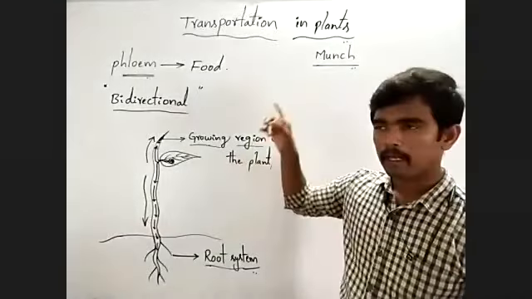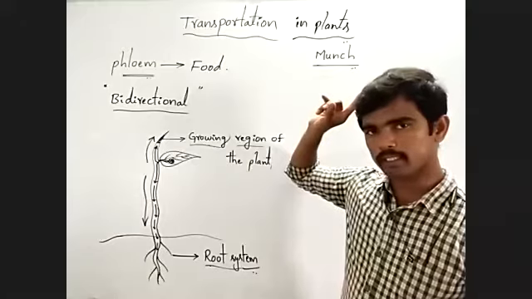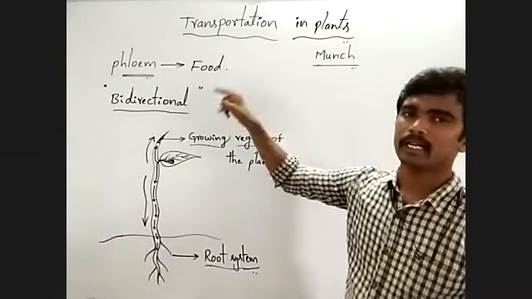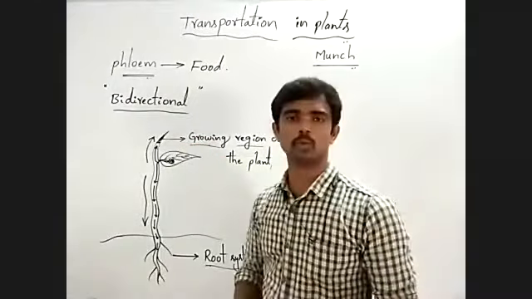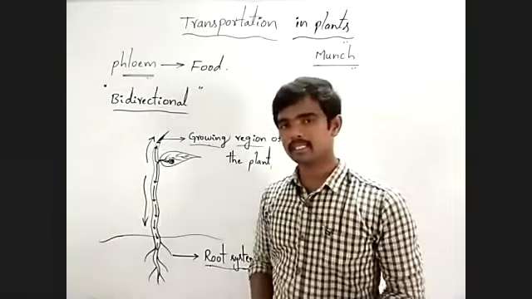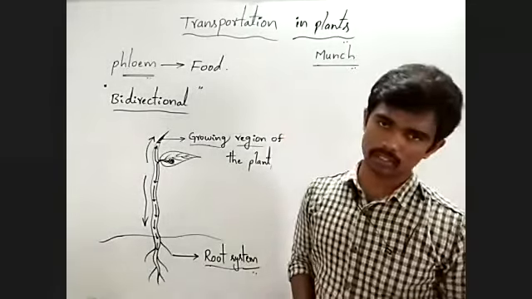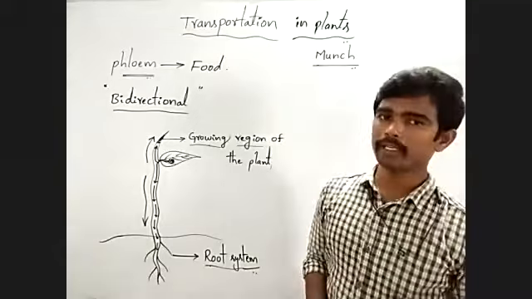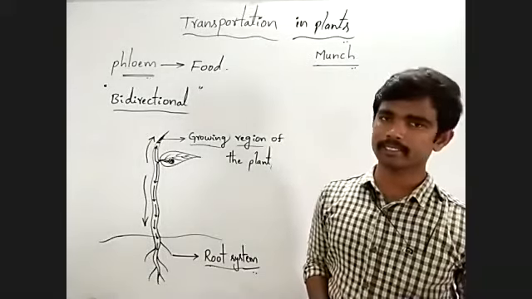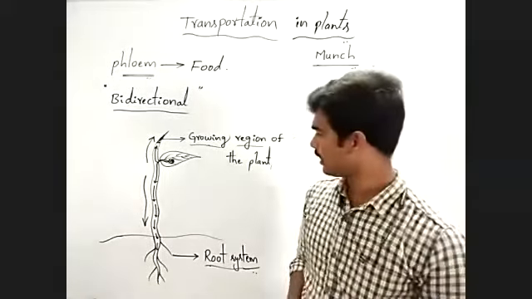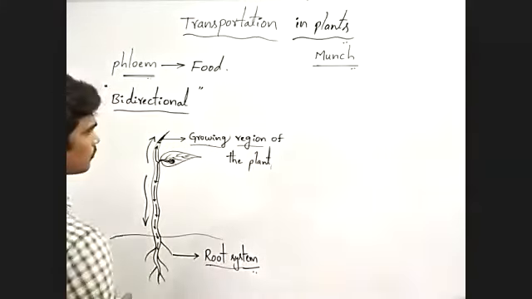But transportation of water and minerals in xylem tissue is unidirectional, only in the upward direction, not in the downward direction.